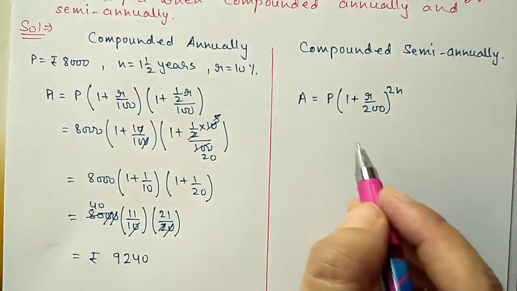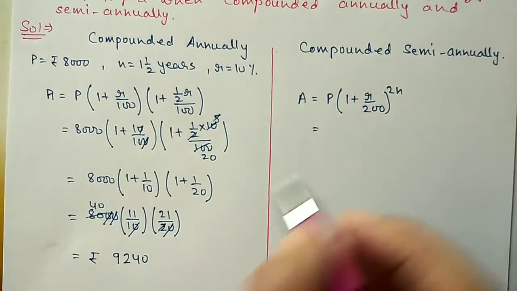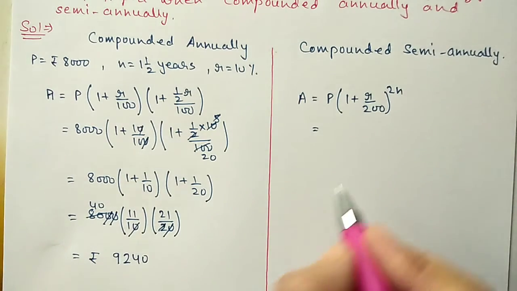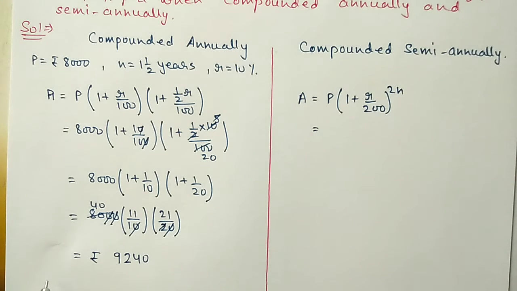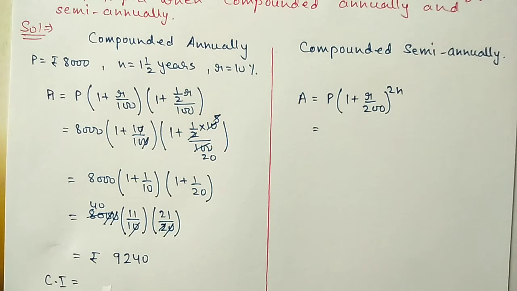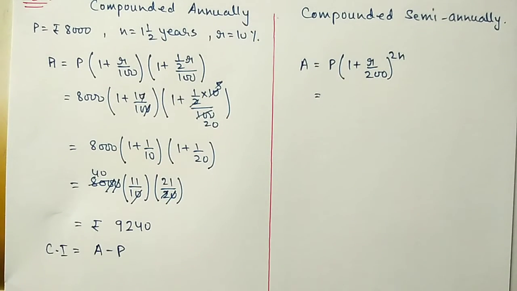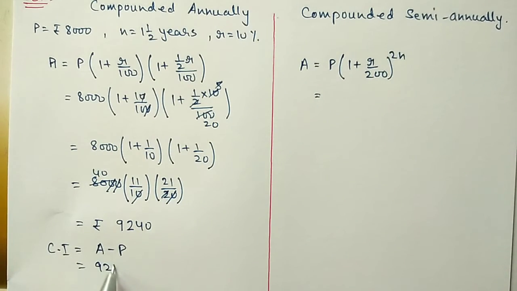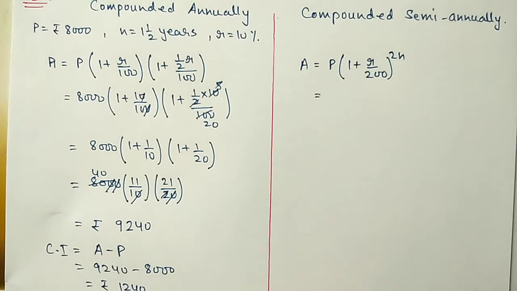This is the amount we have calculated. Compound interest is amount minus principal, 9240 minus 8000. So we will get 1240 rupees.